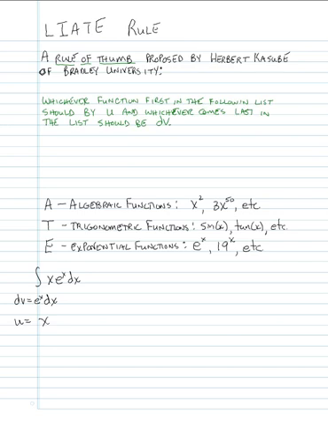It states that whichever function comes first in the following list should be u, and whichever comes last in the list should be dv. And the list looks like this. The L stands for logarithmic functions.